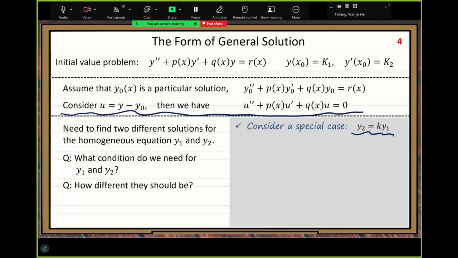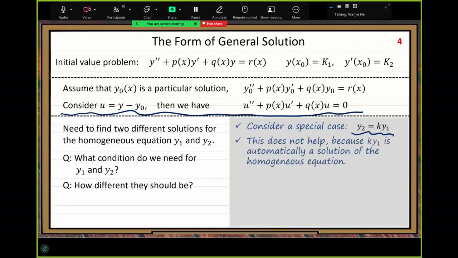So it does not help, because K y1 is automatically a solution of the homogeneous equation. We don't need to do anything. Every time if y1 is a solution, then K y1 must be another solution of that homogeneous equation.